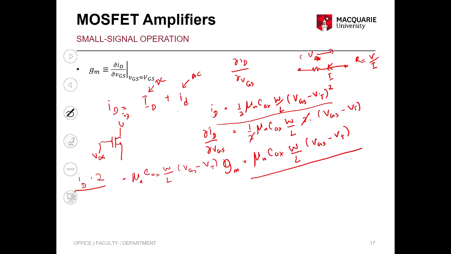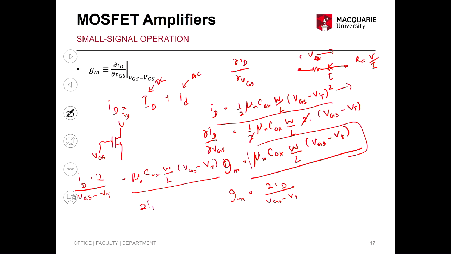I take one VGS minus VT down here, so this term is basically that term. So GM can also be written as 2ID over (VGS minus VT). That's another way of writing it. Or you can completely remove VGS minus VT. If you want to remove VGS minus VT from this equation, you get 2ID for this whole term. I'll just call it Kn, so it's easier.